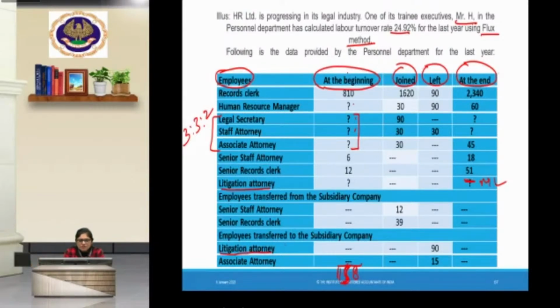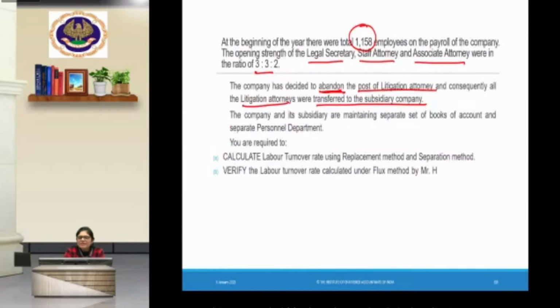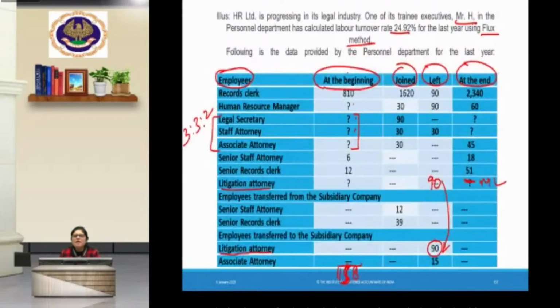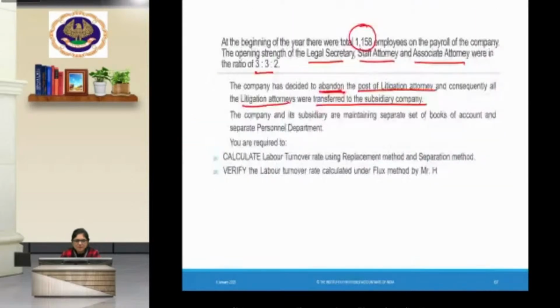And litigation attorneys were transferred to the subsidiary company from this company. So that means this 90 must be here. Litigation attorneys have left from here and passed on here. Clear? They have been transferred to the subsidiary company because they have abandoned the post of litigation attorney. That means there will be no closing litigation attorney at the end of the period.